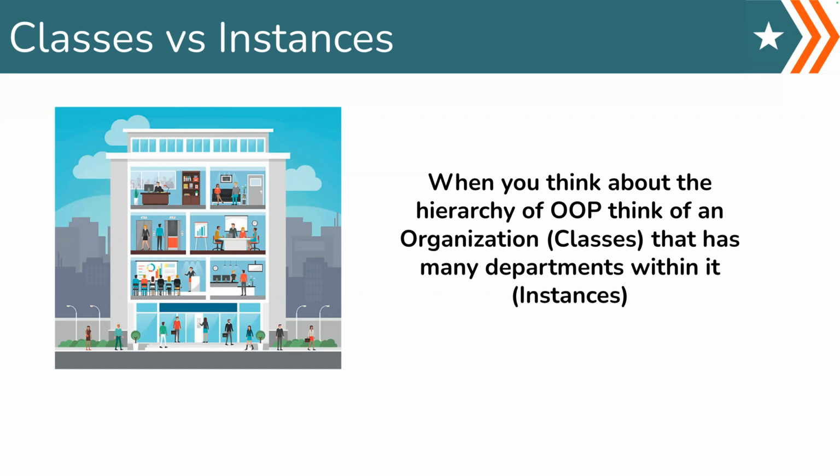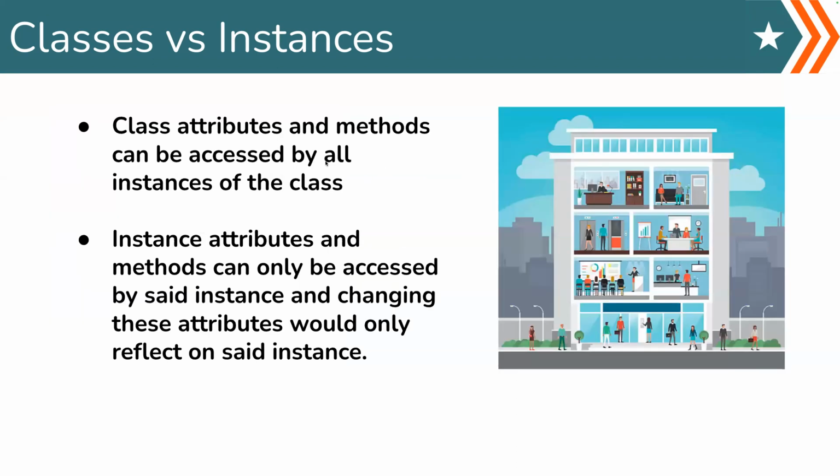It's all the different instances can use it, right? Everyone in a building who's got their own office can go to the cafeteria, but it's this one shared resource amongst the group. So class attributes and methods can be accessed by all instances of a class. And instance attributes and methods, well, all instances have them, but they can only access and change their own, and it only affects themselves.